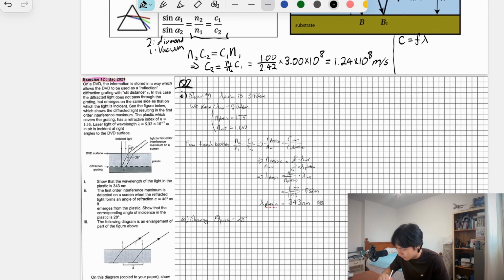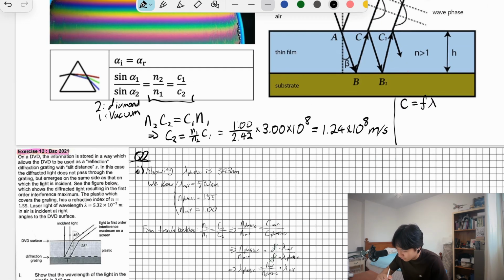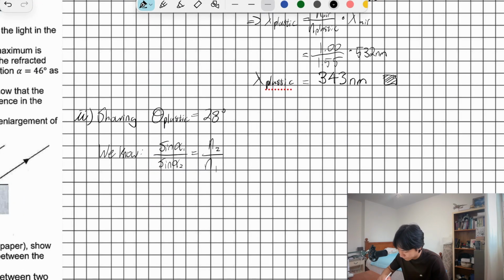So sine alpha 1 over sine alpha 2 is equal to n2 over n1, if I'm not mistaken. Yep, correct.